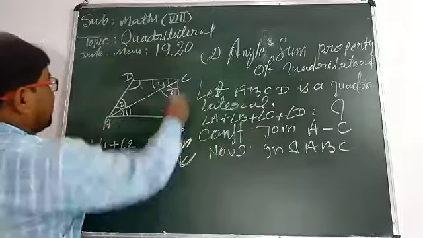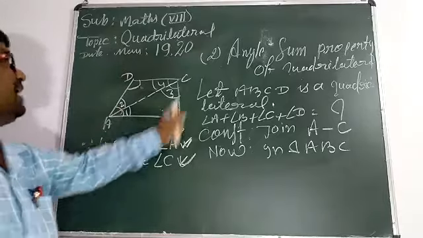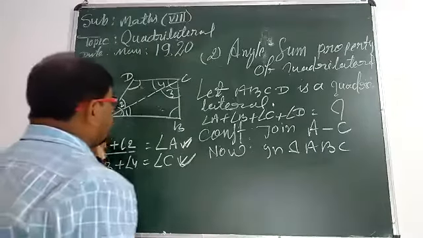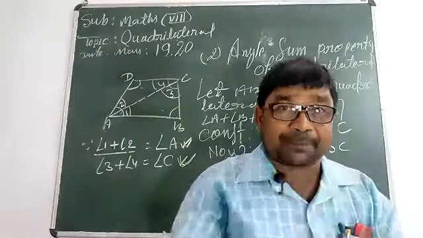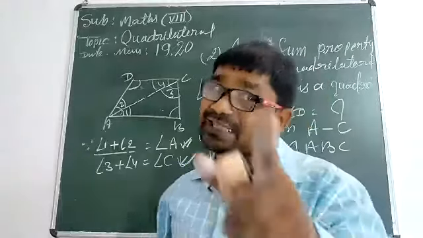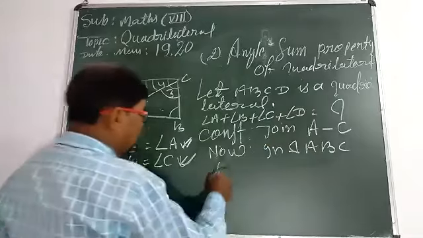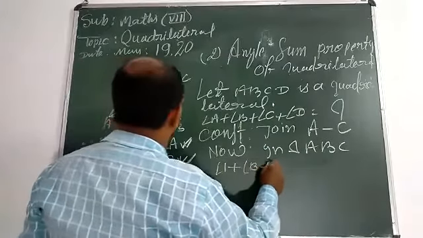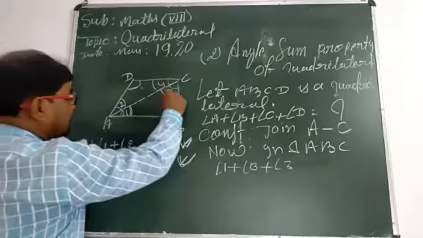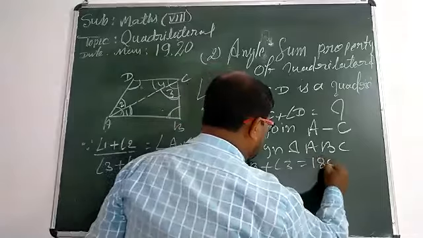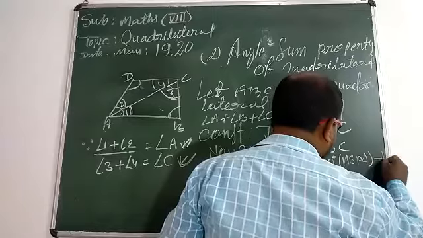In triangle ABC, by the angle sum property of triangle, angle 1 plus angle B plus angle 3 equal to 180 degrees. This is equation number 1.